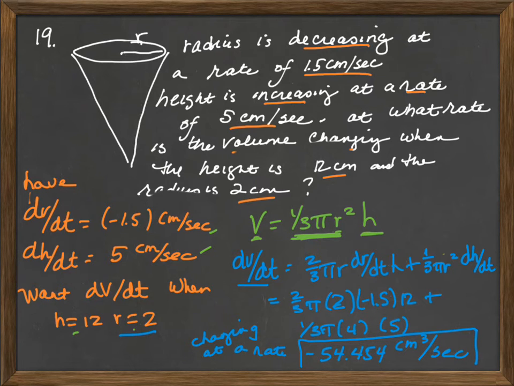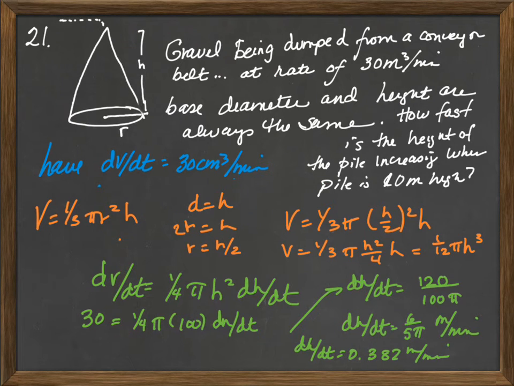Now I'm going to move on to number 21. Number 21 is about gravel being dumped onto a conveyor belt, which is our famous conical pile of sand, only it's a conical pile of gravel, I guess. This conical pile of gravel is being dumped out at a rate of 30 meters cubed per minute.